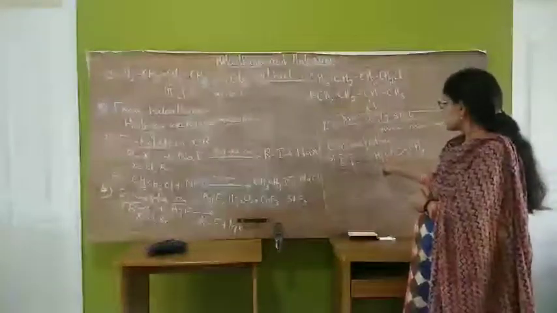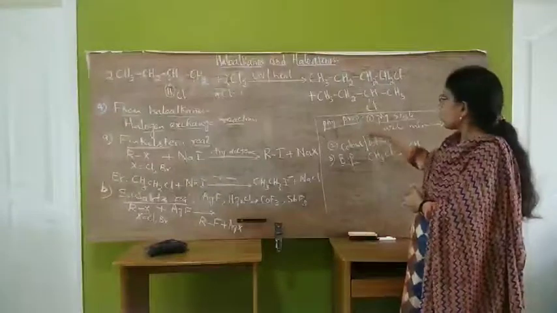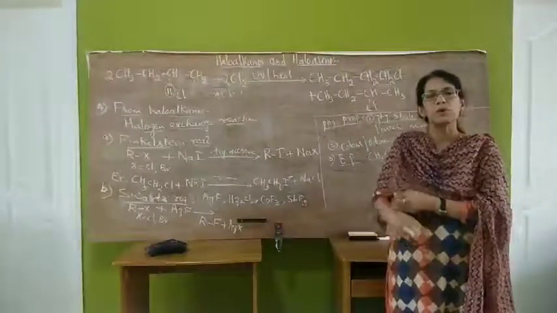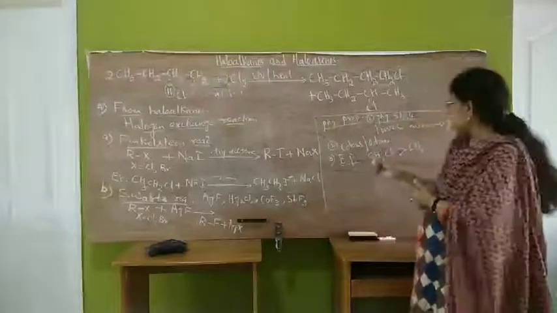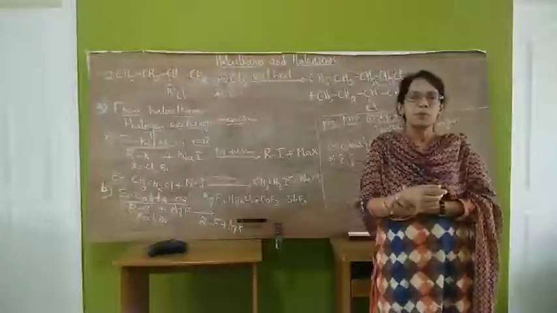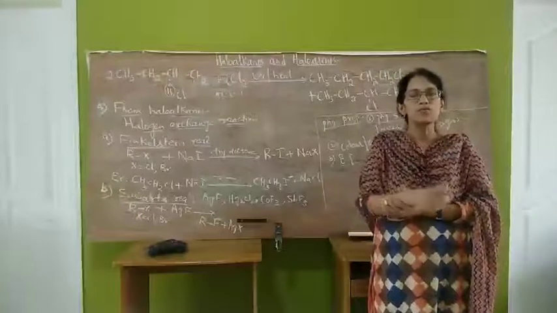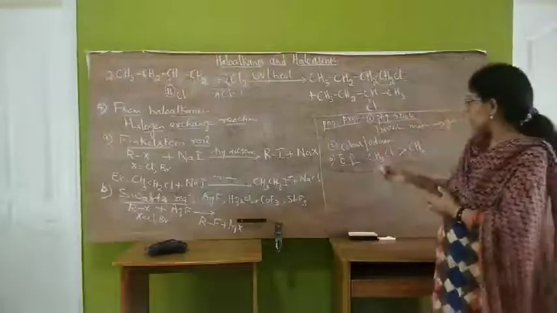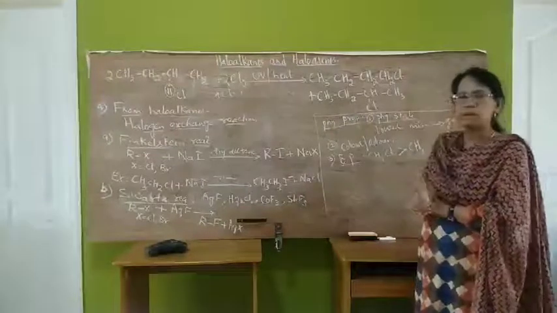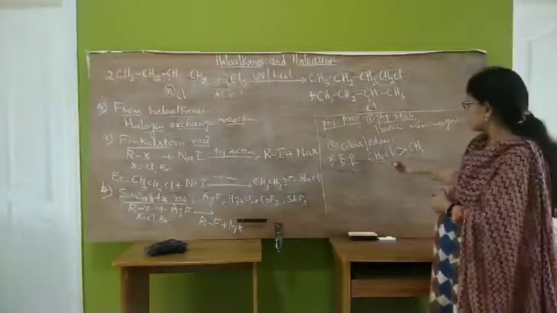This is because haloalkanes are slightly polar in nature. The C-X bond is slightly polar. Hence, these molecules are held by dipole-dipole interaction, which is a stronger force of attraction. Therefore, the stronger the force of attraction between the molecules, the higher the boiling point.